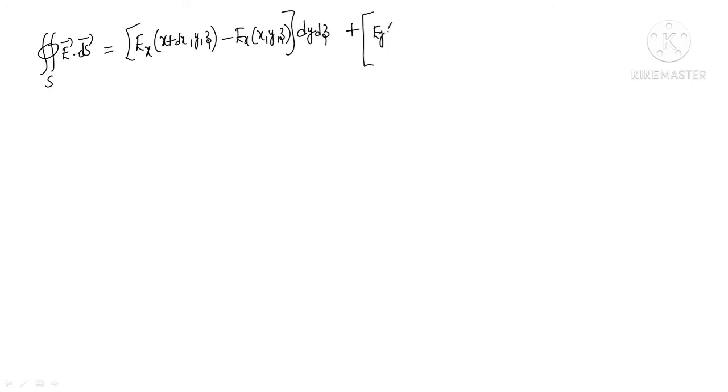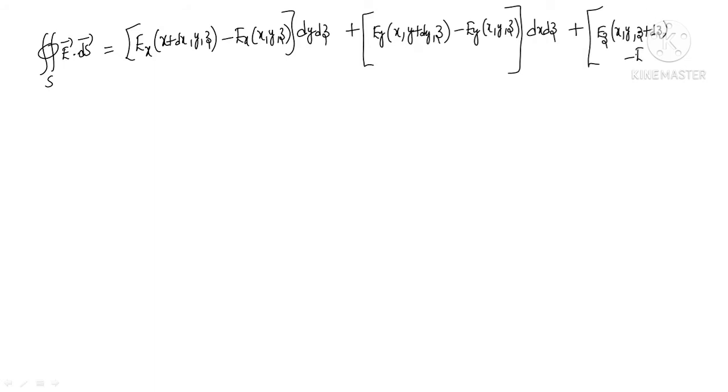Ey evaluated at x, y plus dy, z minus Ey evaluated at x, y, z, multiplied with dx and dz, plus Ez evaluated at x, y, z plus dz minus Ez evaluated at x, y, z, multiplied with dx dy.